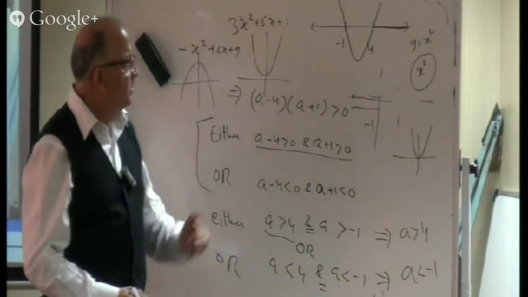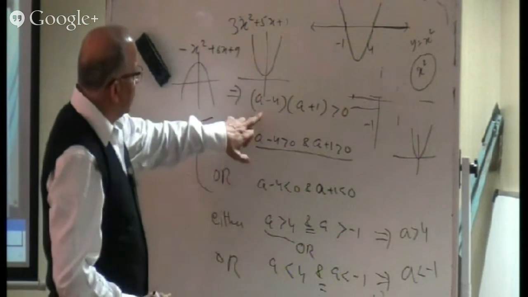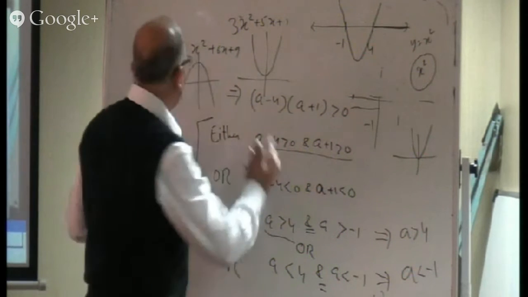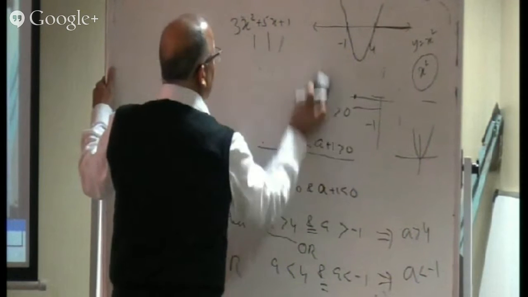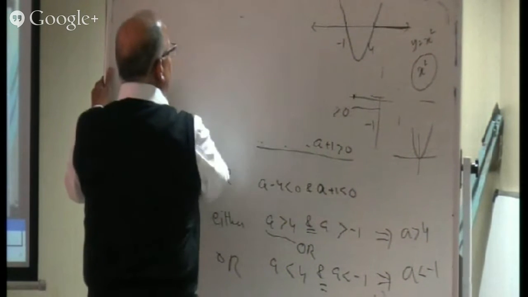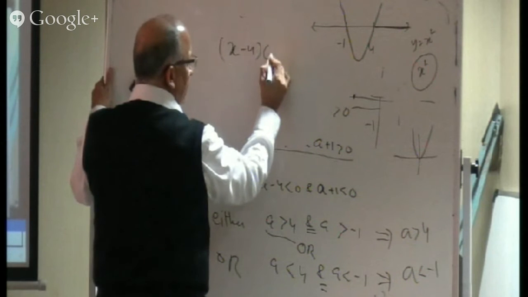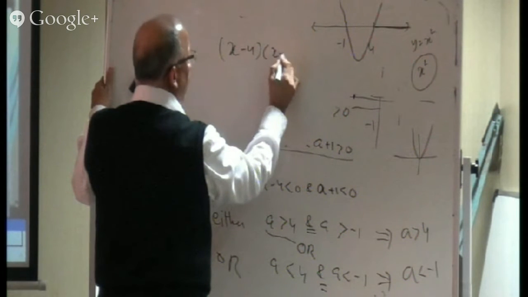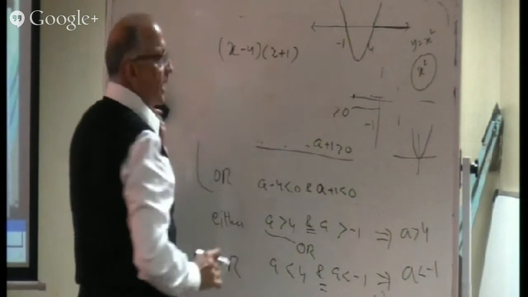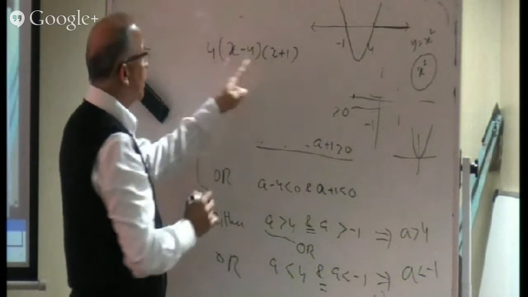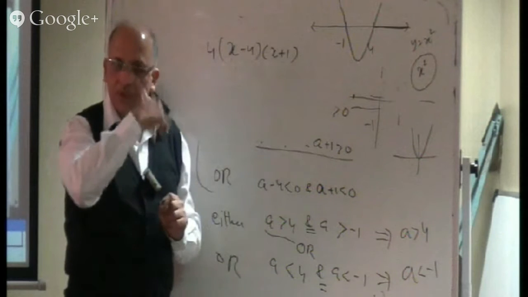Okay. Now, here our expression was something like, let me rub off everything from here. The expression was something like x minus 4 and x plus 1. Instead of a, I am writing x. And suppose you have 4 also here. What is the coefficient of x square? It is 4, it is positive, so it opens upwards.